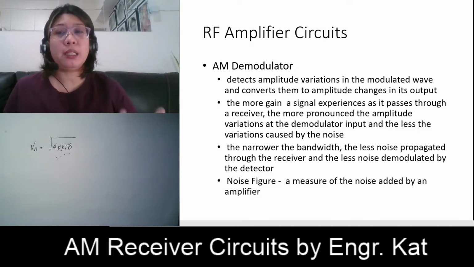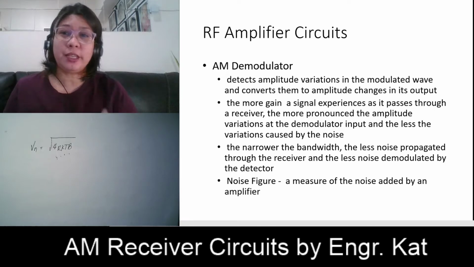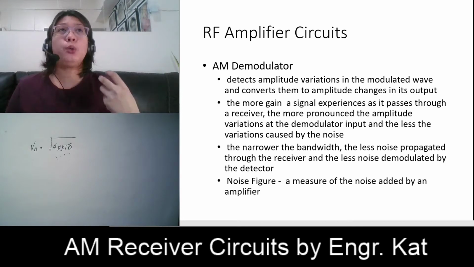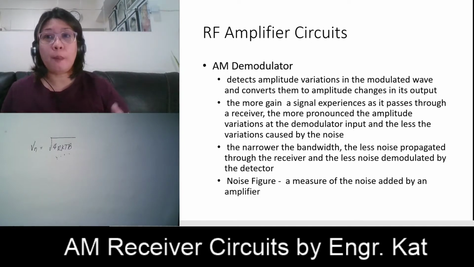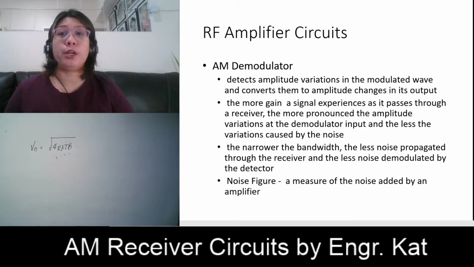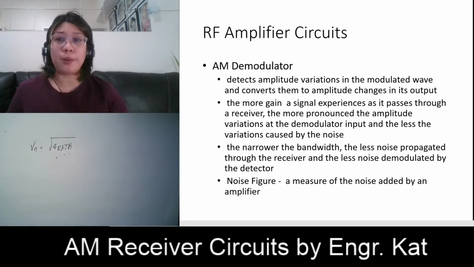If the received signal has noise in it, we are not just amplifying the signal, we are also amplifying the noise. Therefore, your noise figure must be improved, or reduced, by reducing the amplifier's internal noise, because even amplifiers contribute to our noise.